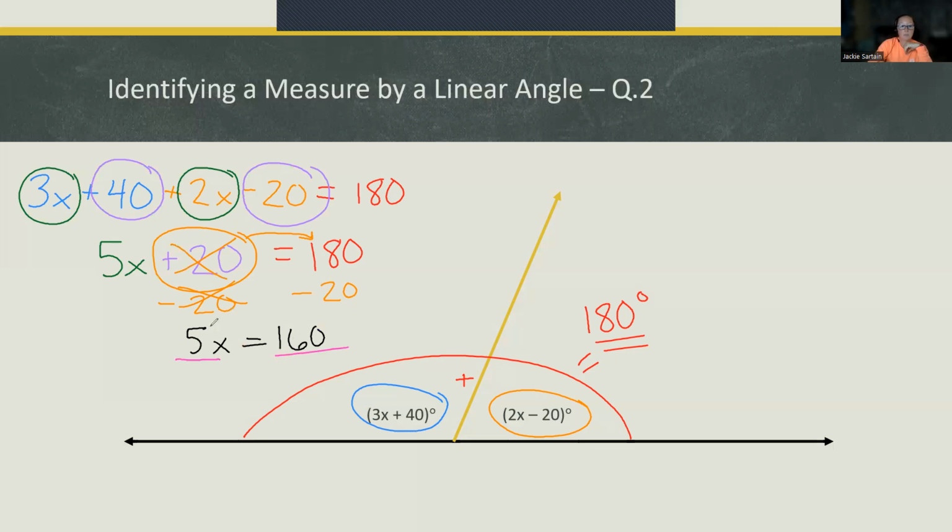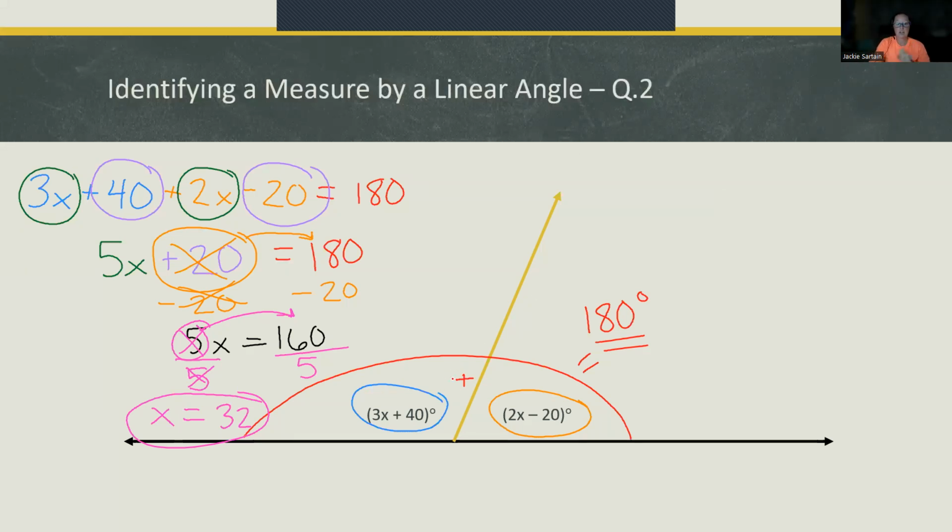Because we're trying to get x by itself, if 5x is showing multiplication, the opposite of that multiplication is division. So we divide both sides by 5. These cancel out, leaving me with x equals 160 divided by 5, which gives me 32. So our value here is 32, and that is what we're being asked to do in question 2.